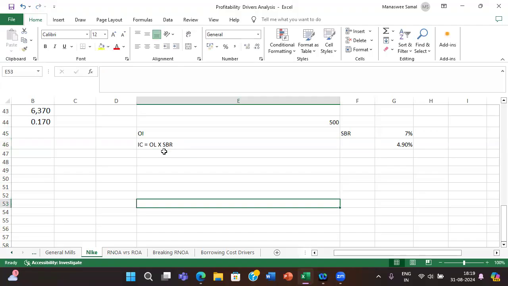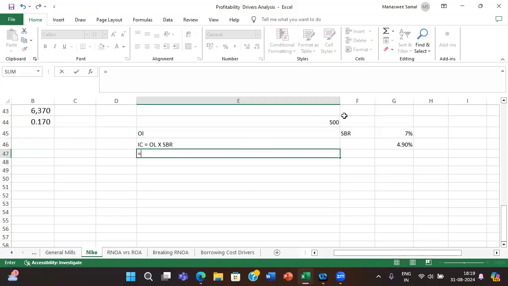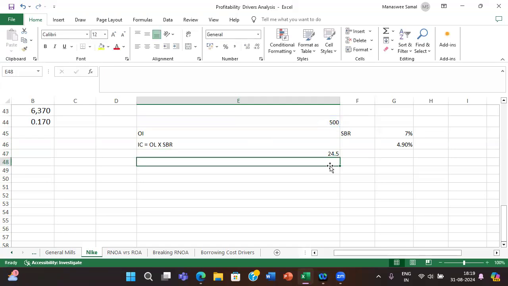So in this case, it would be equal to 500 crores into 0.049. That is 24.5 crores.